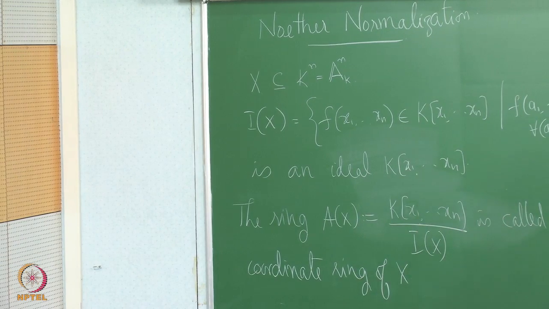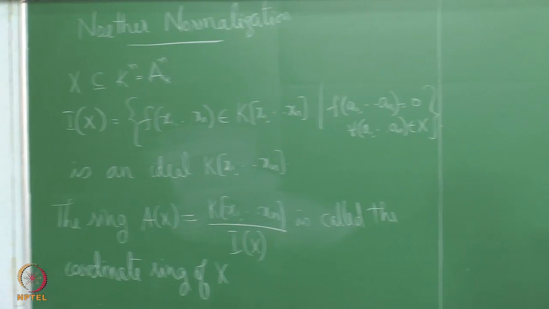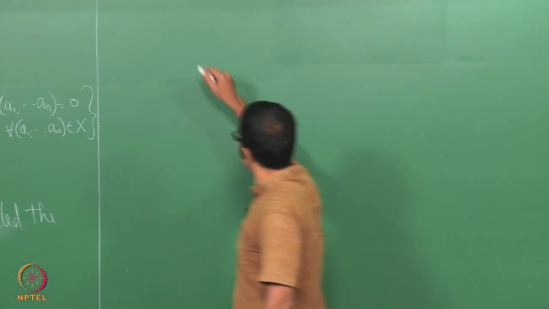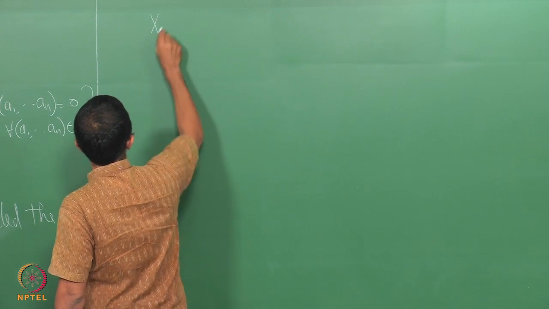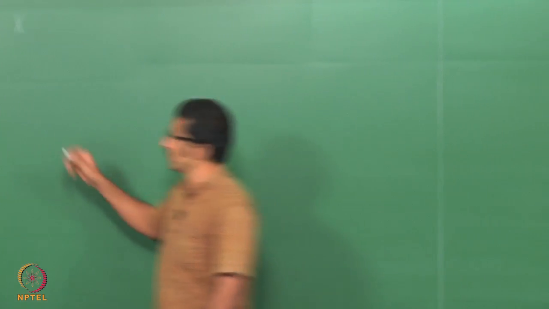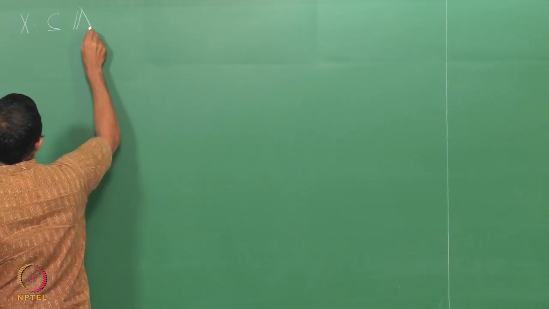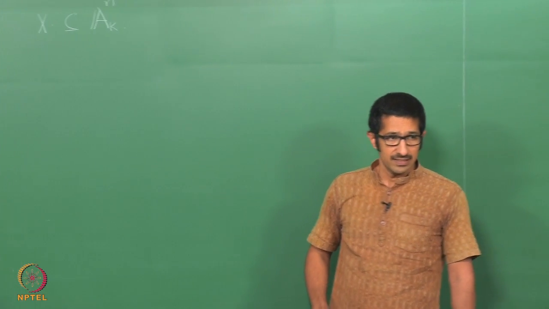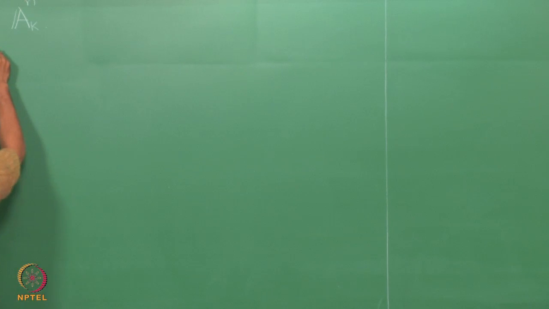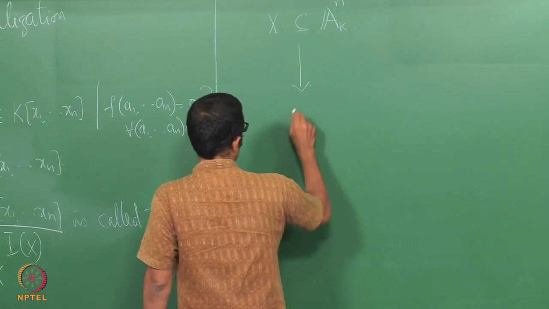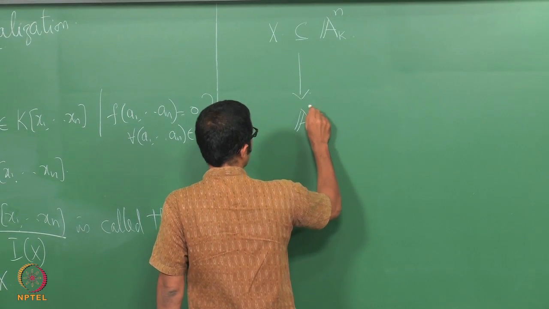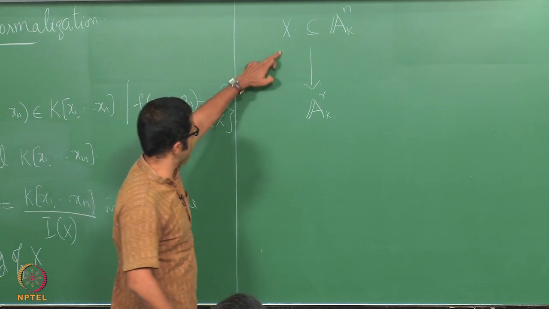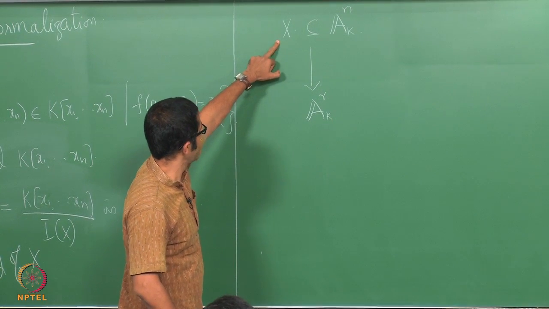So, the idea of the Noether normalization is the following. Suppose you have an algebraic set X in some A^n_K. The question is whether we do have a projection onto A^r_K.